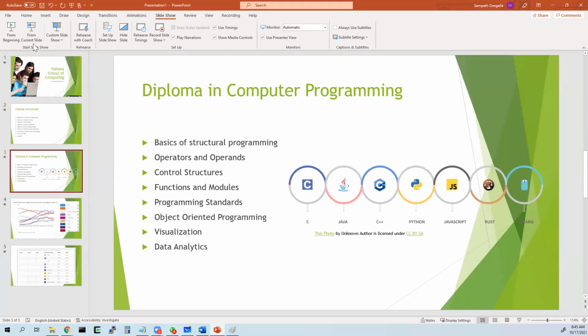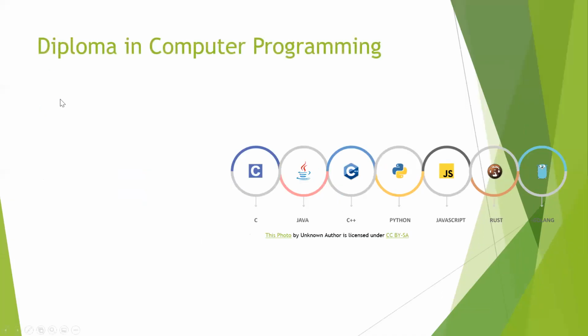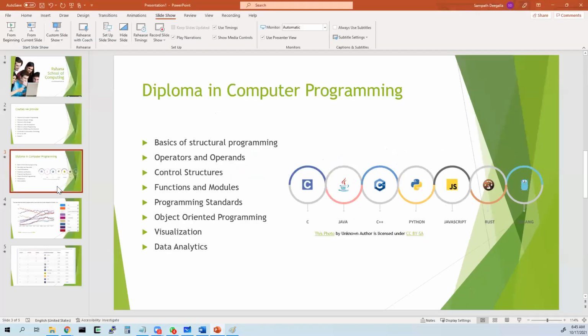Then you click here and select from current slide. Then it will start from the third slide. The idea here is, if you stop your presentation in the middle, you can continue from there.